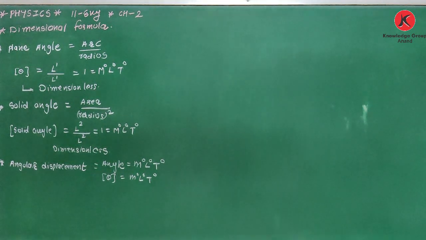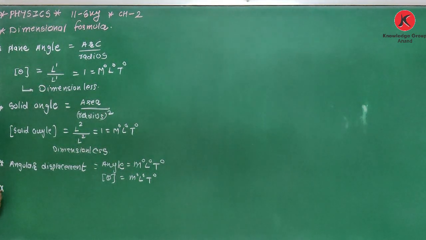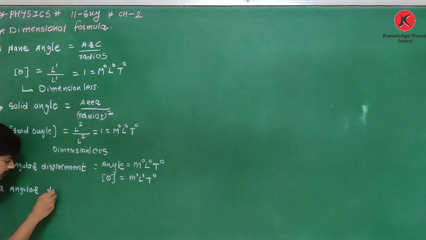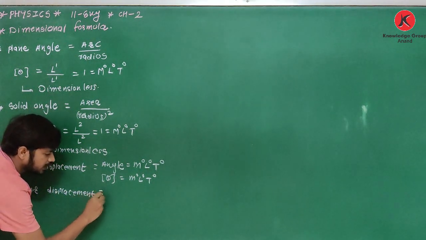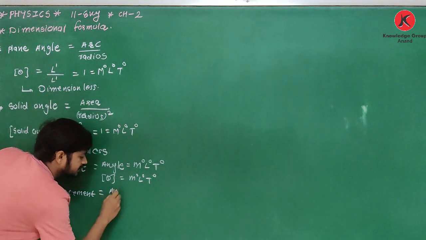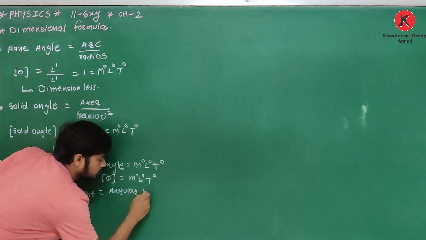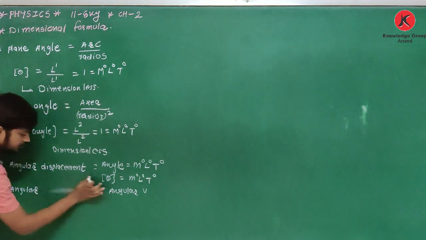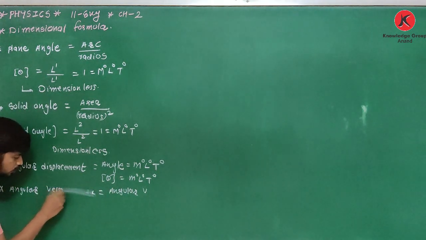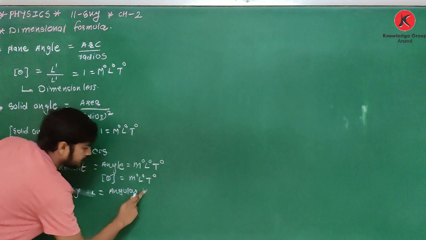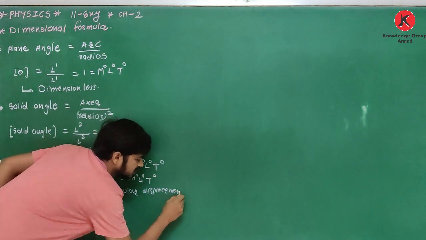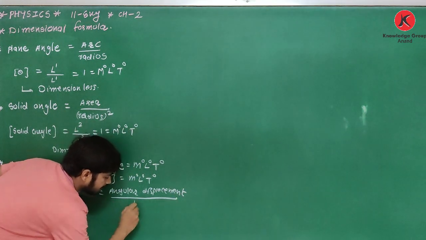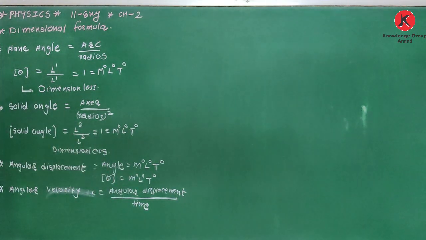Next one is angular velocity. What is its equation? Angular velocity is equal to angular displacement upon time.